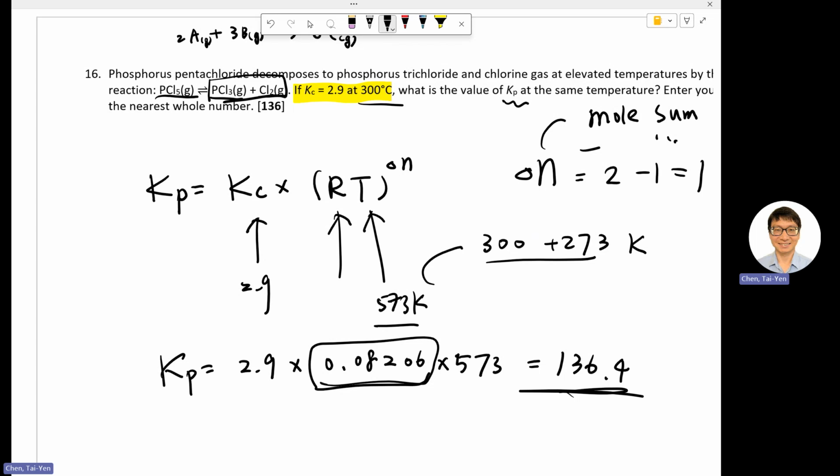This is probably the only place that you need to use 0.08206. For the activation energy, that part doesn't involve the conversion between concentration and pressure. Then there you use 8.314. So every time you see the pressure start to show up, this is probably the R you want to use. Okay, any other questions?